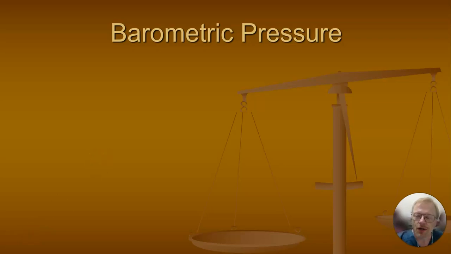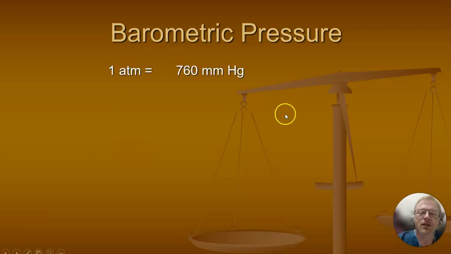So in the last video, we talked about measuring barometric pressure using different scales. So how can we convert from one scale to another? Well, we know that 1 atmosphere is equal to 760 millimeters of mercury.